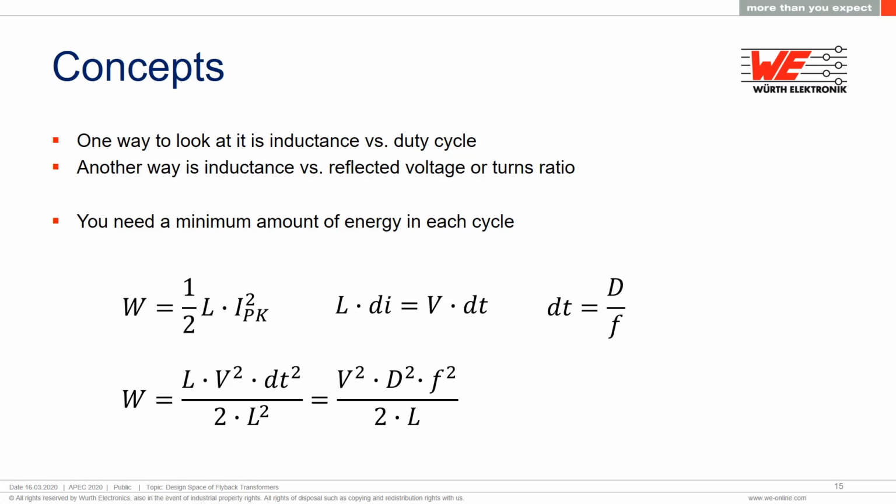We also know that L times di equals V times dt, and that dt equals duty cycle over frequency. Putting all this together, collecting our terms, gives us energy equal to V squared times duty cycle squared times frequency squared divided by 2 times the inductance.